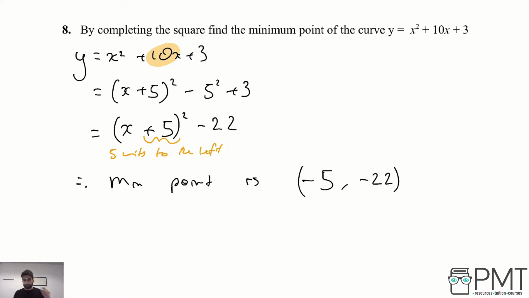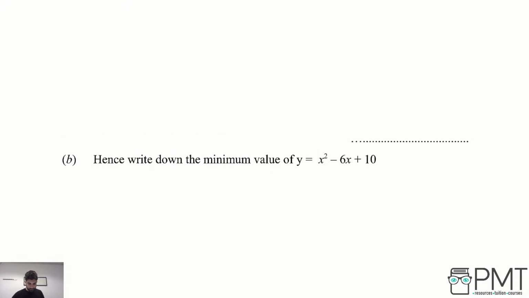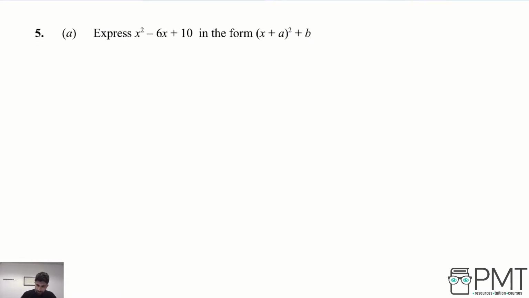Thank you, Isabella. Let me know the other one if you have done that. Question 5. What do you get for question 5? So let's see what this is going to be. We have got the bracket x minus 3. Minus 3 is half of minus 6 as before.